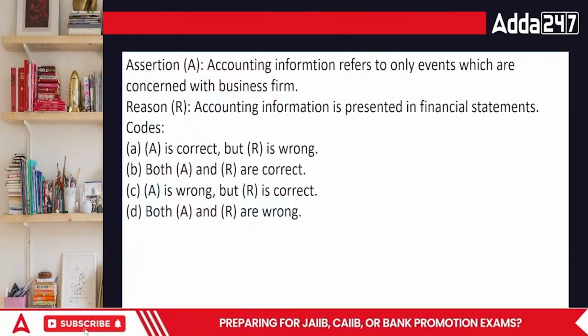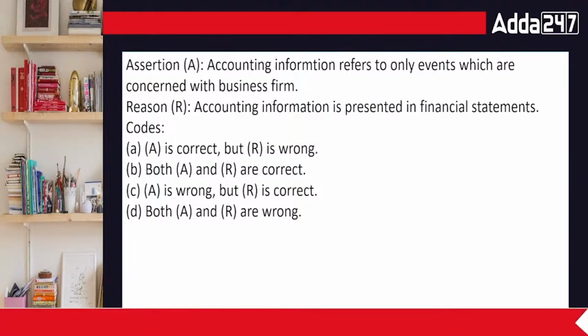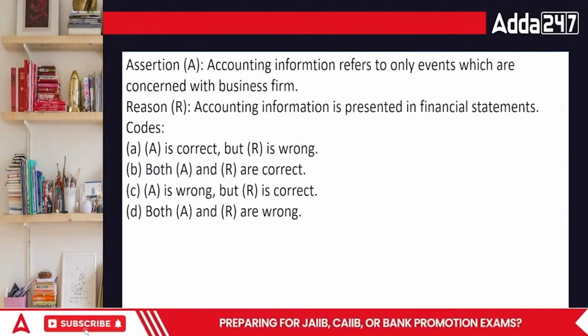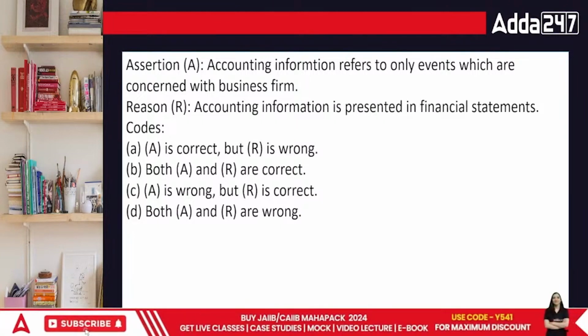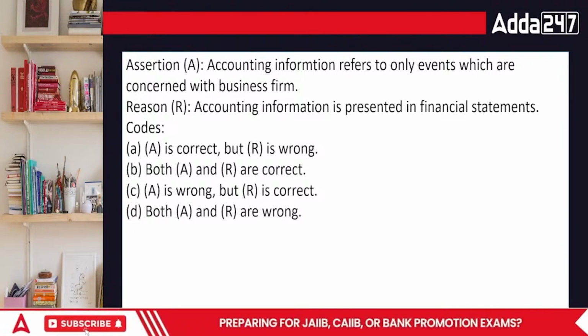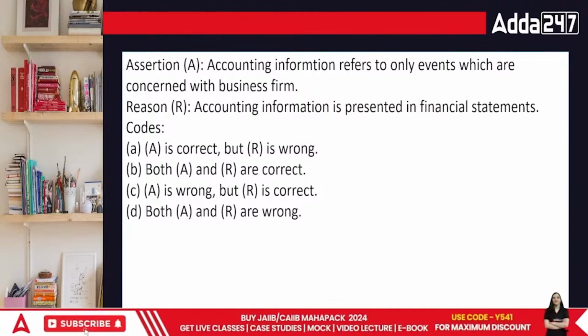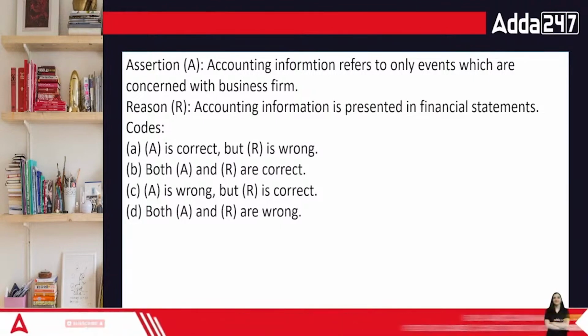The first question. Accounting information refers to only events which are concerned with the business firm. Accounting information is presented in the financial statements. A is correct, B is wrong, or both are correct, or one is wrong, one is right, and both are wrong. It is totally related with the area of the business events only.